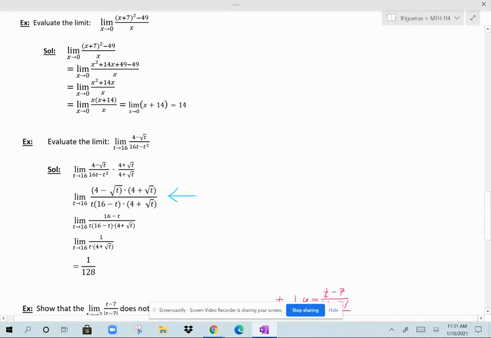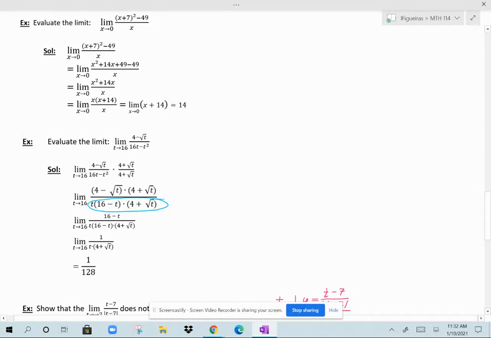I have 4 minus root t times 4 plus root t, and in my denominator, I did a couple of things here. I factored out the t from the 16t minus t squared, and I have the times 4 plus root t there. So do not expand this.